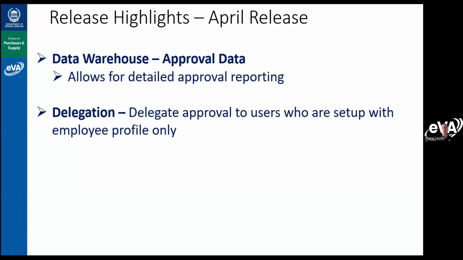We just have more details from an approval perspective: who did the approval, when the approval was done. That really enhances what we can do from a reporting perspective when you're running reports and hitting the data warehouse. That just went in.